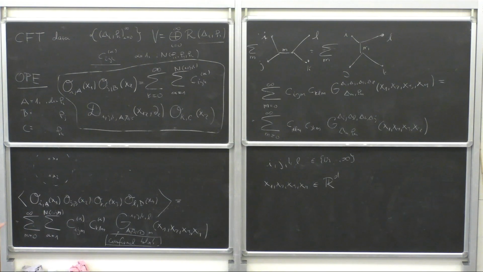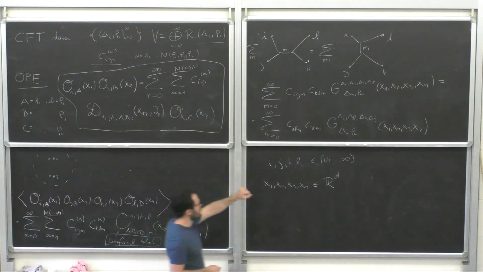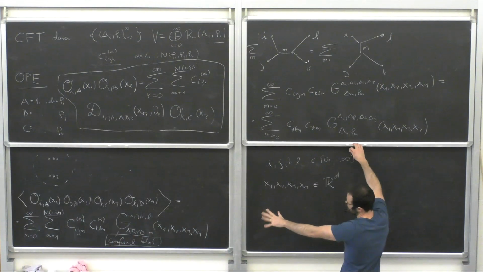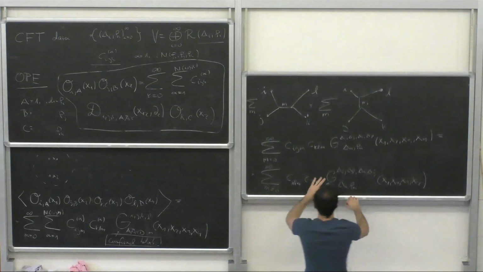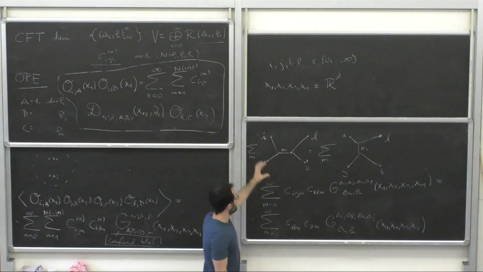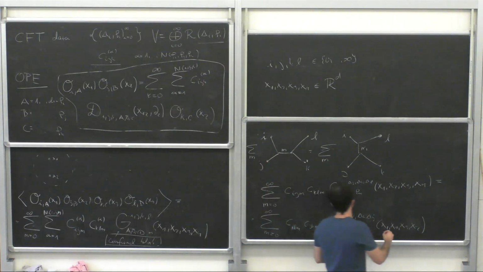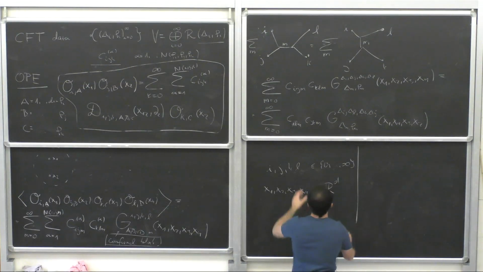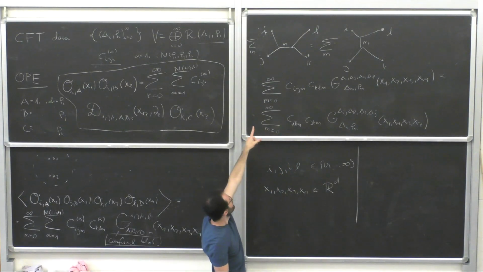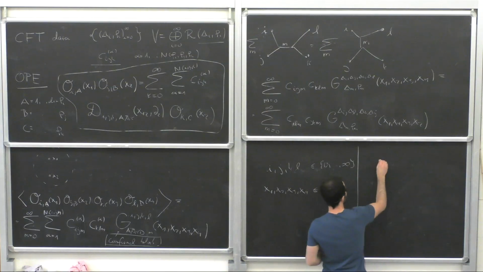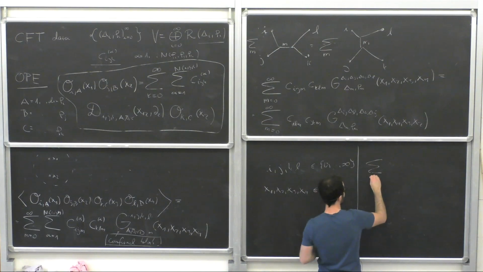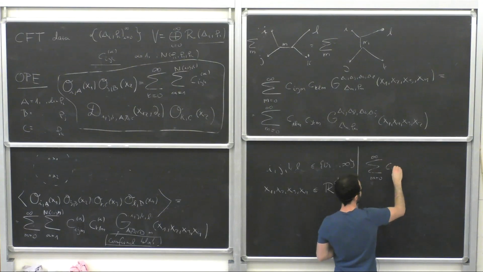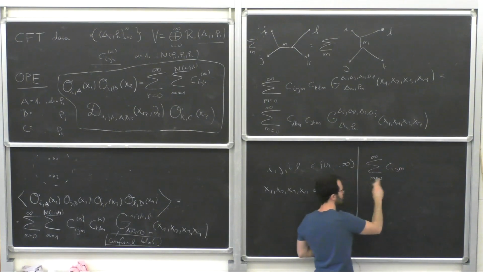Well, yeah, so let me just do it here. Because with spins there are various extra complications. So let's just look. If you think of it in this way, let's just look at the left-hand side of that equation. You could use the OPE on 1 and 2, so then you would have C_IJM from the 1, 2 OPE.